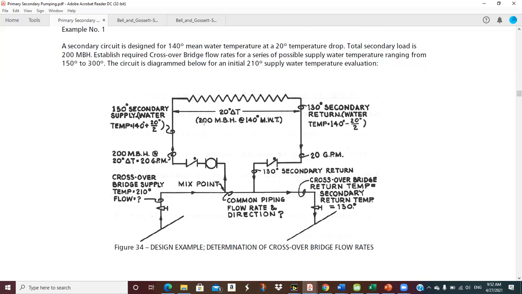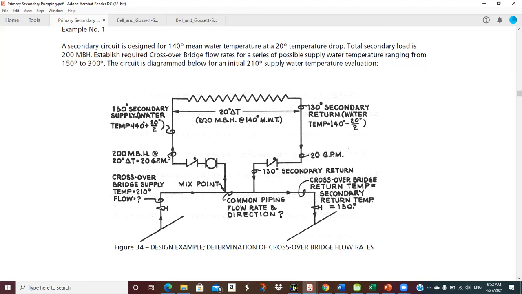But now we have to figure out what our crossover flow is. If you think about it, if I look at my crossover, I've got 210-degree water coming up, and that's what has to convey the heat, and I have 130 return. So whatever that flow rate is, it's going from 210 to 130. I still have to convey 200,000 BTUs an hour.